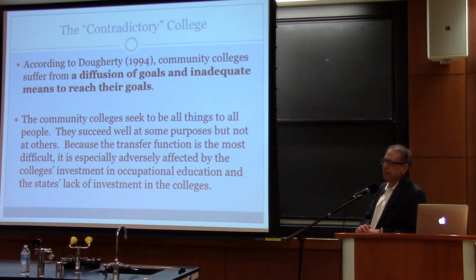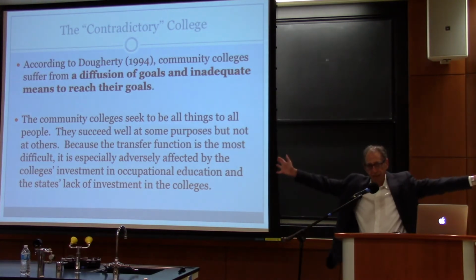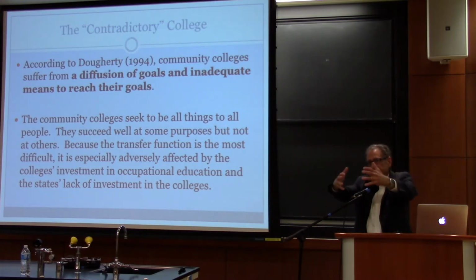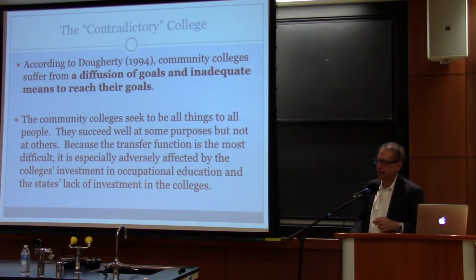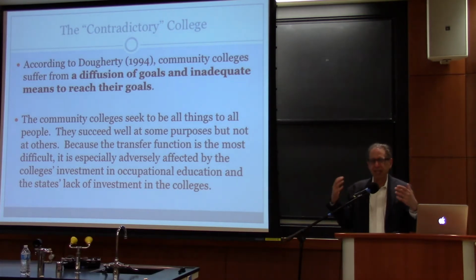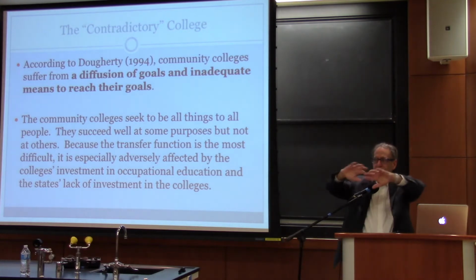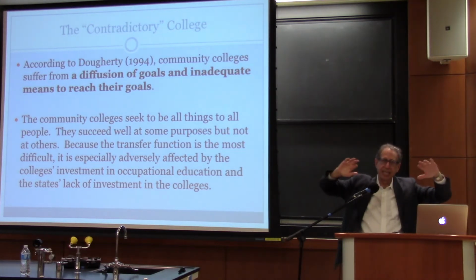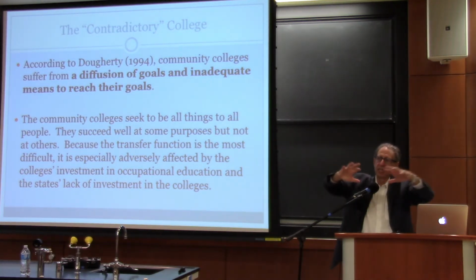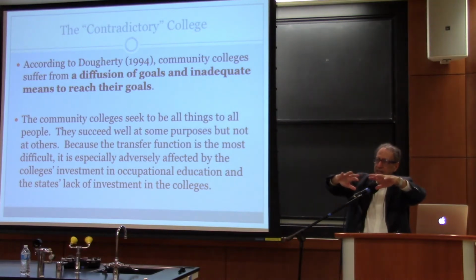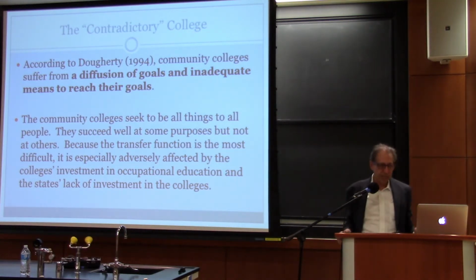And because the transfer function is the most difficult, it's especially adversely affected by this diffusion of goals and the lack of concentration of resources. And you see what he's saying is, this is the hardest thing they do. And if you're doing a lot of things and you're spread thin and you're not concentrating resources on the hardest thing you do, that could be a problem.